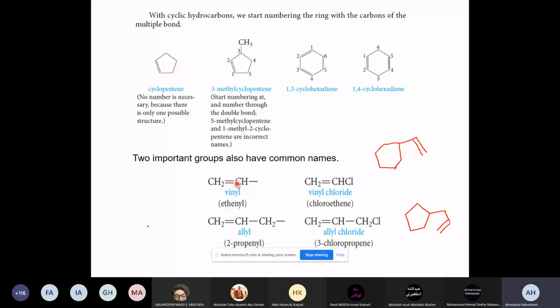Now, allyl as a substituent: we have this cyclopentane, and the cyclopentane is connected to CH2, connected to a double bond.